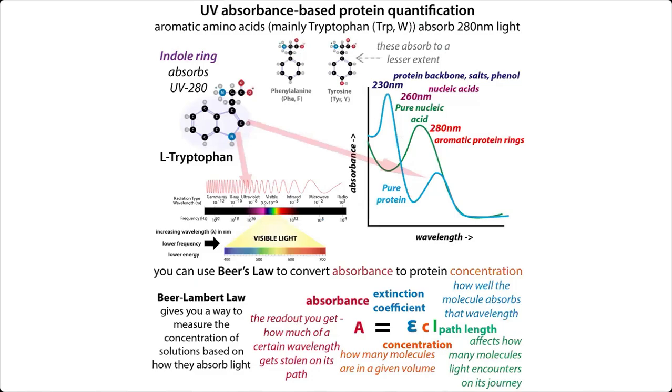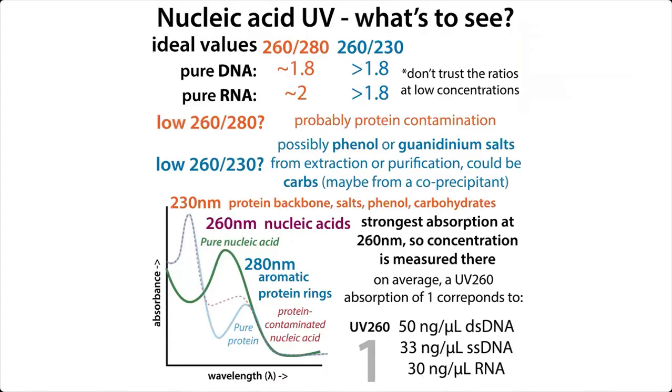And you can actually look at ratios of the different absorbance values to tell you about the purity of your nucleic acid solution or of your protein solution. So if you were to take a 260/280 ratio, what you would want for a protein would be around 0.6, but what you would want for DNA would be about 1.8 and RNA about 2. So that can give you a sense of your purity.